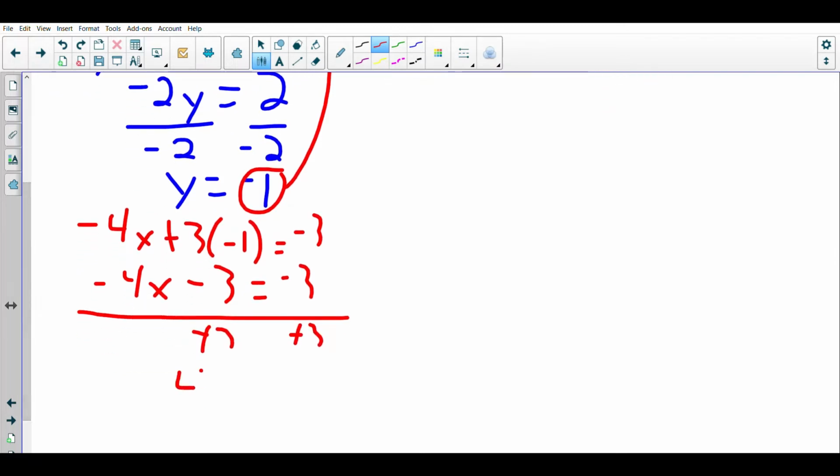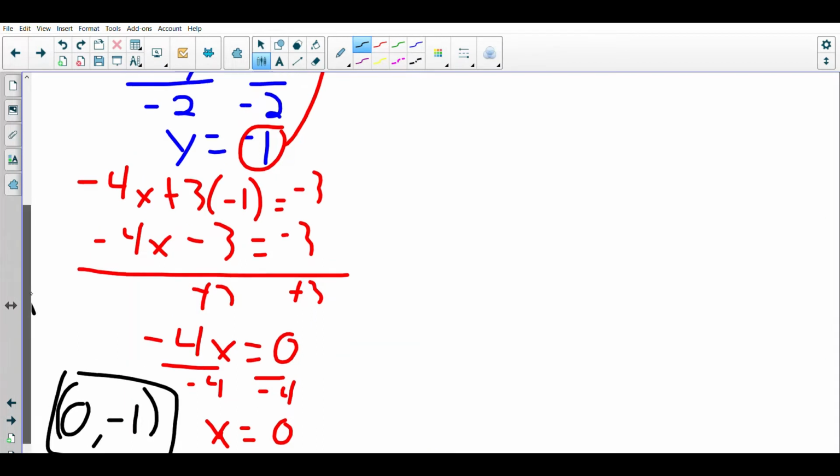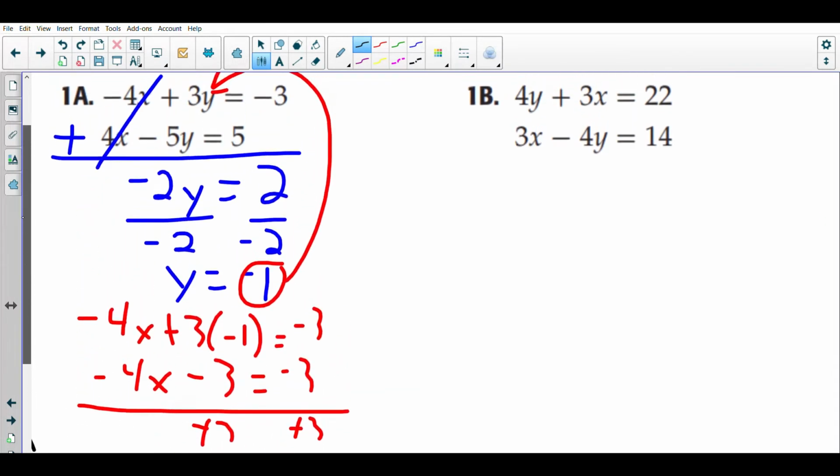So I get -4x is equal to 0. Divide by -4. So x is equal to 0. So my final solution is 0, -1. So there you go. So it's a little bit more clean and concise method.